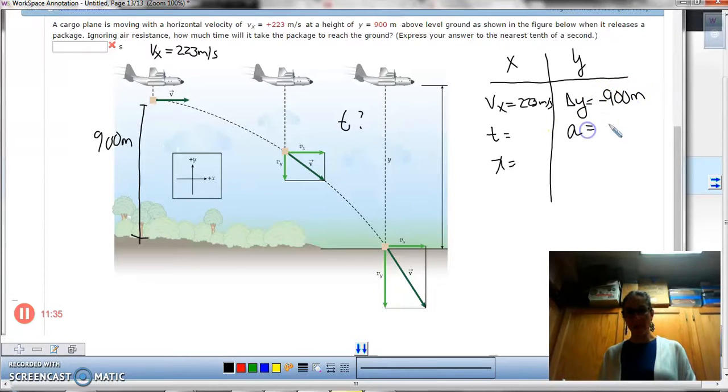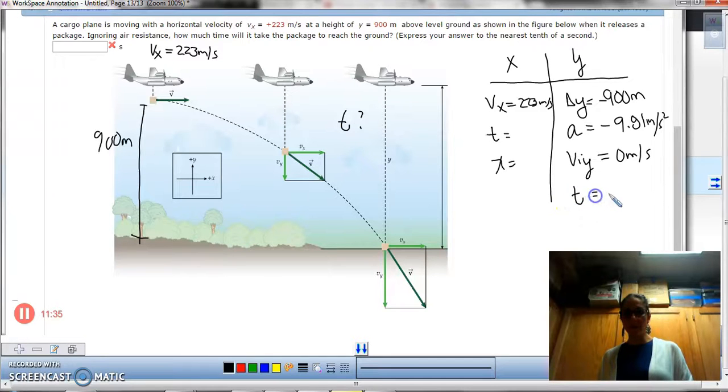We have a, negative 9.81. Again, a is implied, and initial vertical velocity is implied, remember? And that's it. But since it's similar to what we did earlier, we can solve this using that shortcut kinematic equation pretty simply.